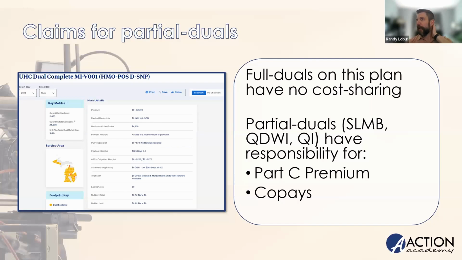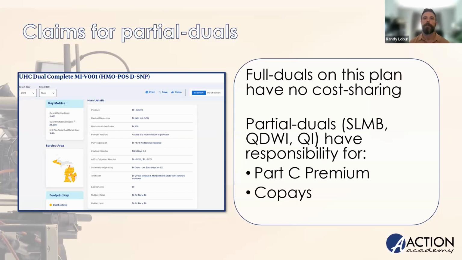Stacy has a question in the chat, and I do want to bring it up because it's a good thing for all of us to know: is a DSNP PPO network different than a regular MAPD PPO network? And the answer, Stacy, you're not going to love, but it depends on carrier to carrier. Some doctors choose not to accept Medicaid, which means, if they're not accepting any Medicaid, they'd be dropped out of the network here, right?